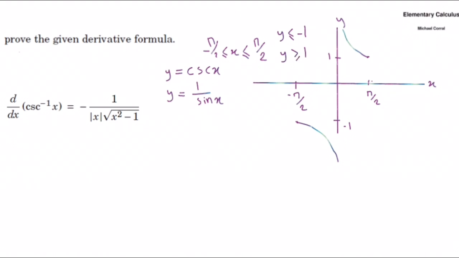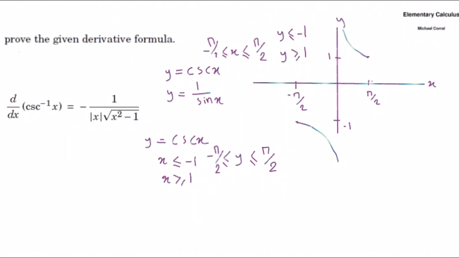And for the inverse function y equals the inverse function of cosecant x, the domain is x less than or equal to negative 1 and x greater than or equal to 1, and the range is y greater than or equal to negative pi over 2 and y less than or equal to pi over 2.